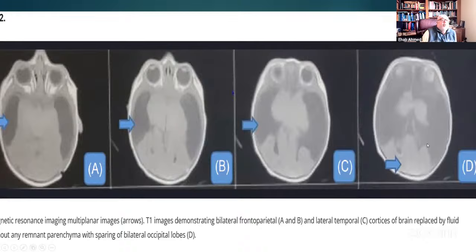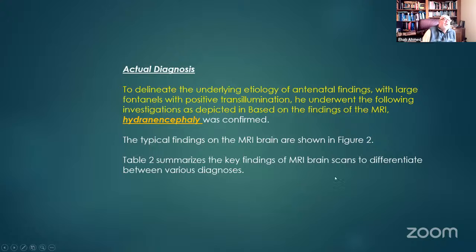This baby has no brain, or no hemispheres, but the occipital lobes, and that's it. Otherwise, no brain tissue, and it's all filled with CSF. It's very, very bad prognosis, very bad disease. The prognosis is very bad.